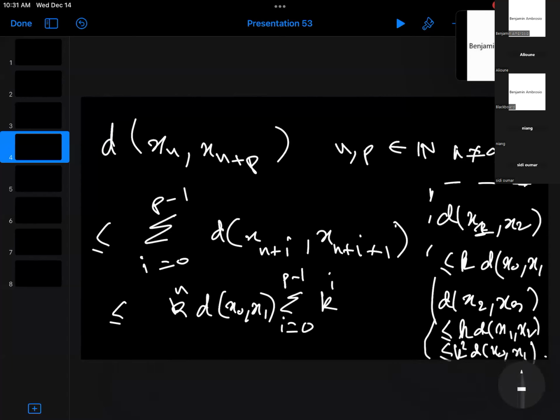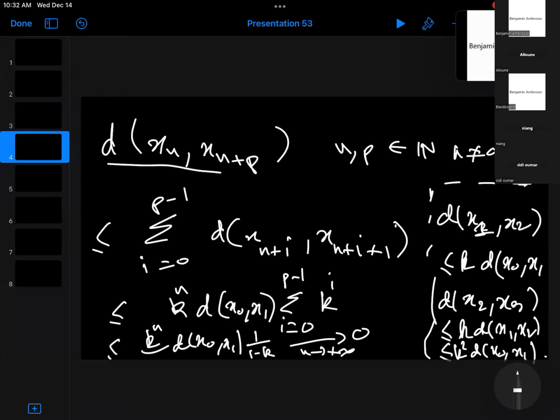All right, and so this is good because now this is less than k^n d(x_0, x_1) times the sum until infinity, which is 1 divided by 1 minus k. So since k is less than 1, this goes to 0 as n goes to infinity. So I can make that as small as I want as soon as n is large enough. So this means that x_n is a Cauchy sequence.